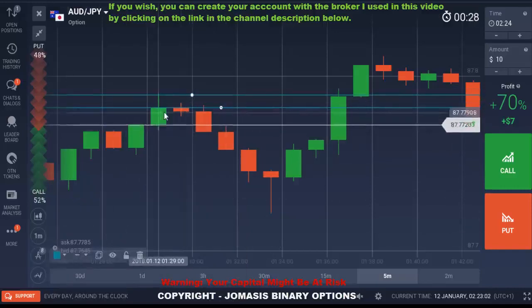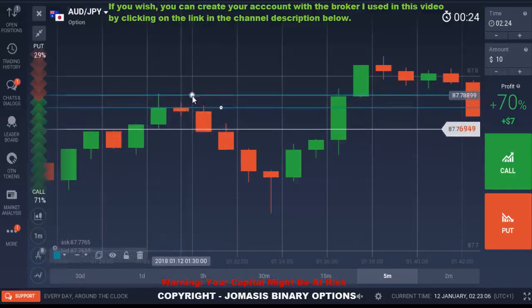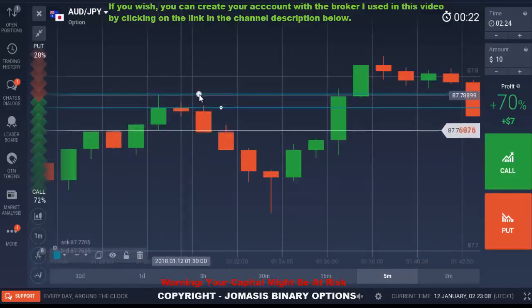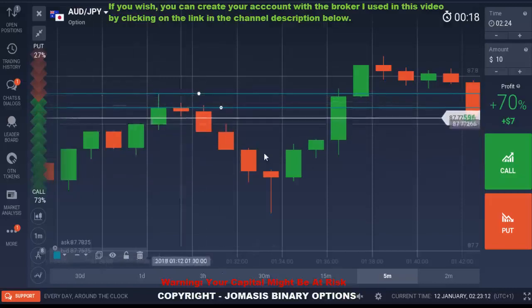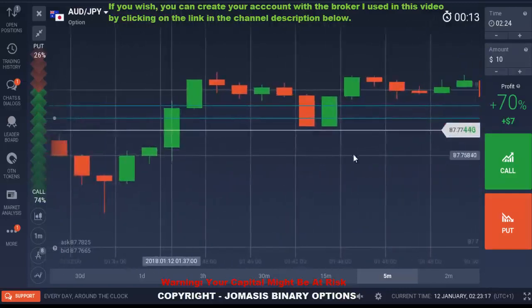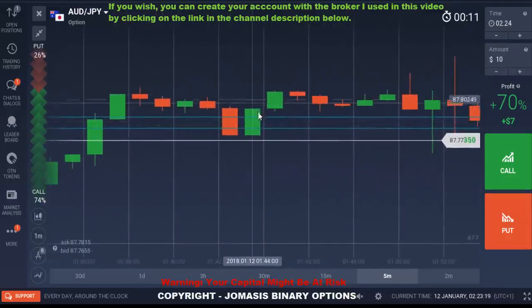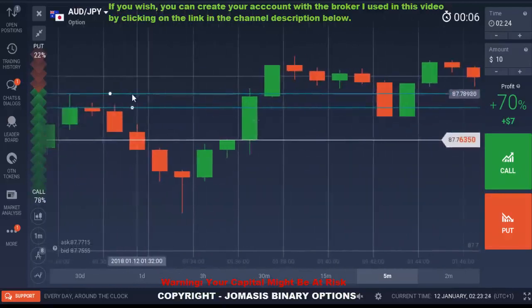level. I told you, if you draw the body, don't forget to draw the wick. You draw the longest wick, or you can also call it the shadow. Now as you can see, the market was coming down here and it didn't respect the support. Here, this is our resistance.